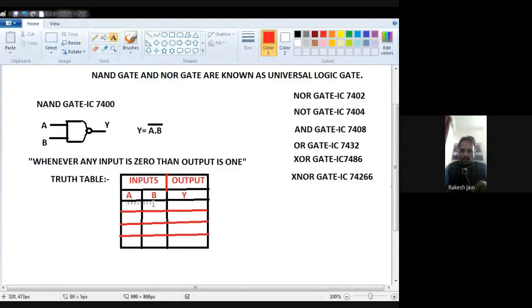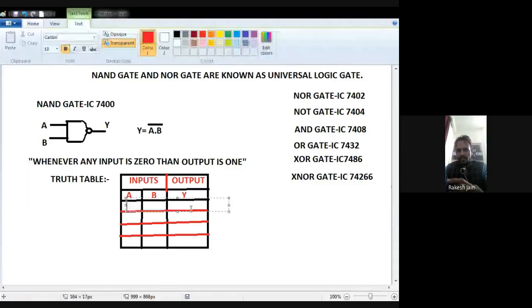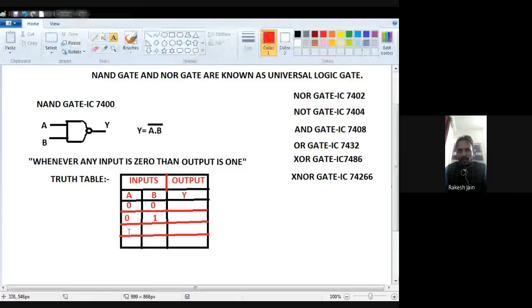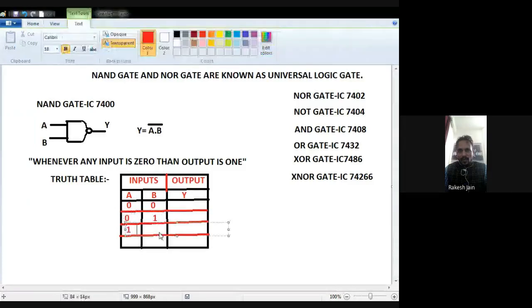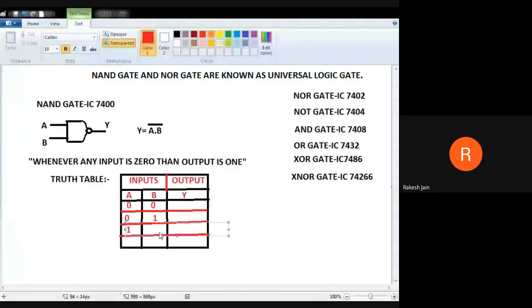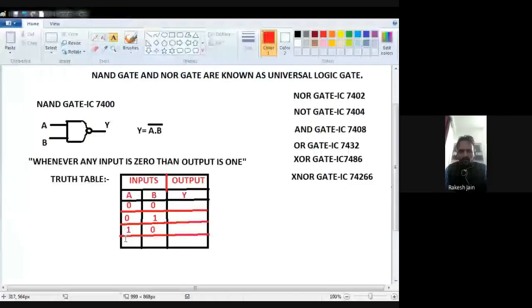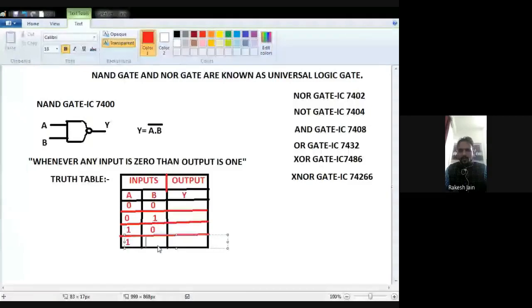Now see, let's suppose first is 0, second is 0. Let's suppose first is 0 but second is 1. See very carefully, either first is 1, second is 0, or the last one is both 1 1. These four possible combinations are there.